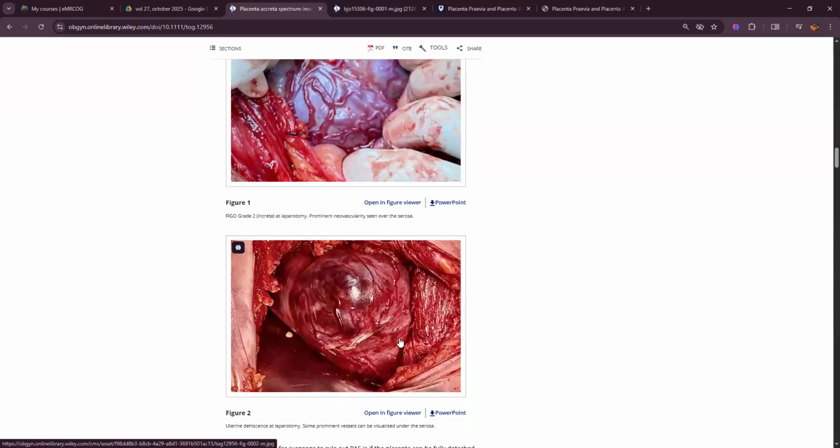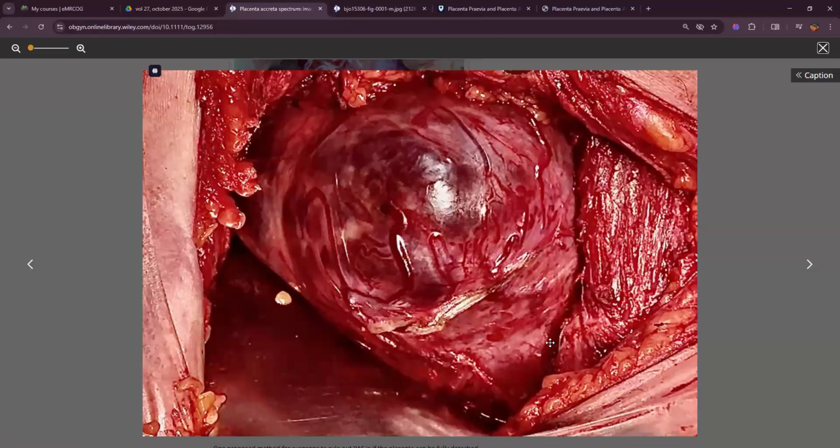Here, I cannot see the vascularity of the placenta. This is not the color of the placenta. This is bulging. And if you feel it with your fingers, you can feel that the muscle ends here. This is soft. The myometrium is here and here. Can you see? I don't know. Can you see it better like this?